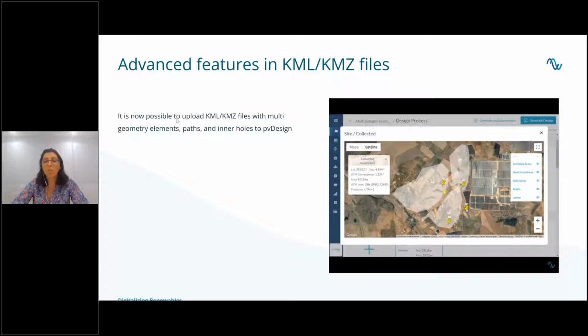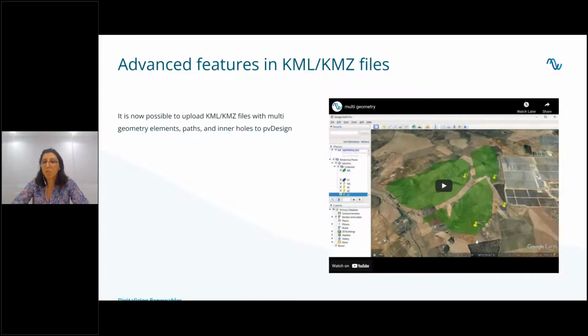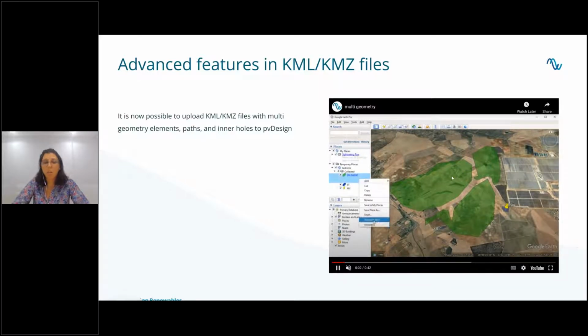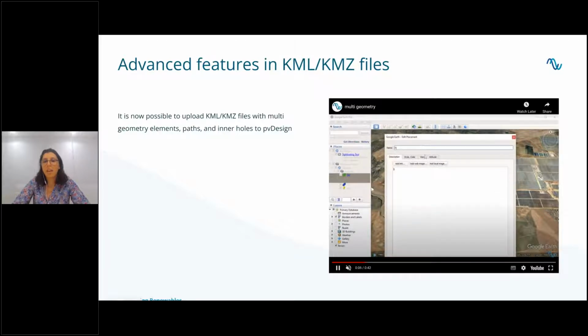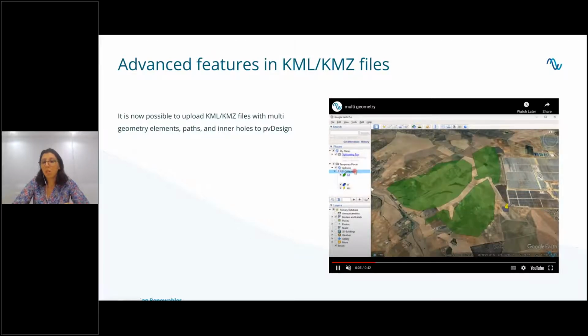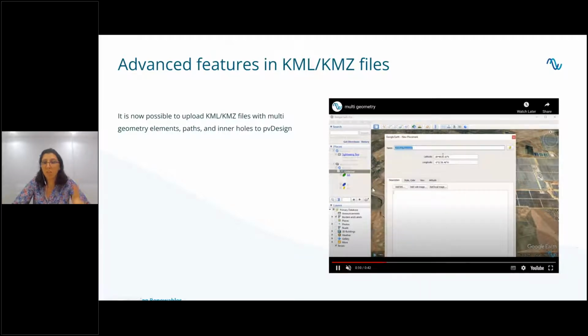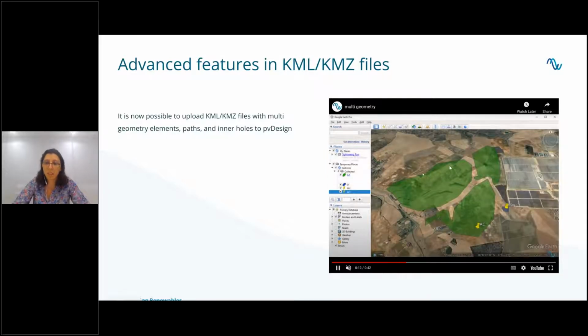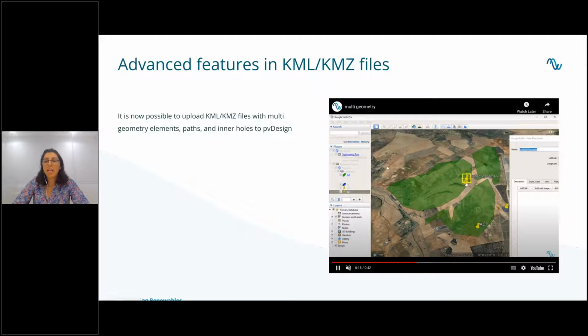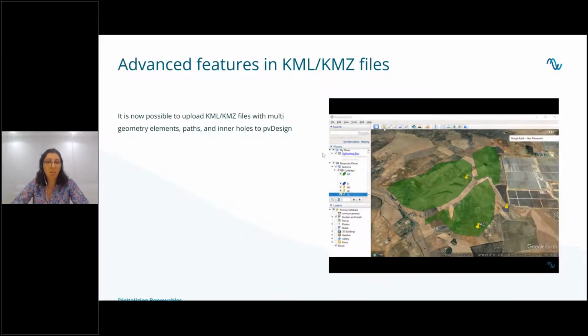So now it is possible to have areas using multi-geometry elements, creating available areas and other areas using the path elements as well. This advanced feature also allows you to have inner holes or inner rings inside the available areas. We have also increased the number of restricted areas to 200 elements.